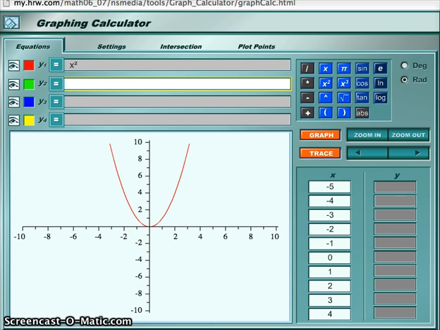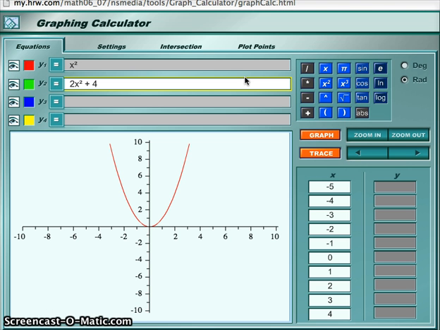So today's lesson is going to ask us to build on the changes in the a value and the addition of a c value, and everything is going to build off this parent function, y equals x squared. So if we said y equals 2x squared plus 4, you're going to plug this in, and then you're going to figure out what those changes are.